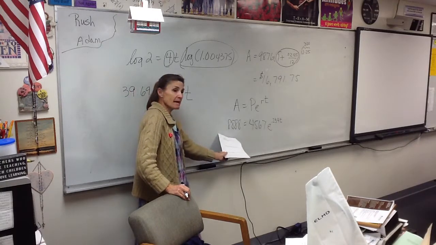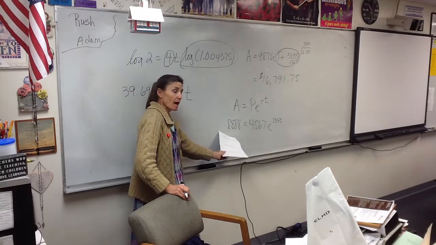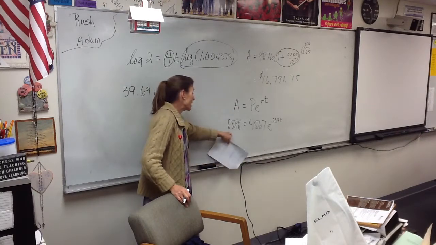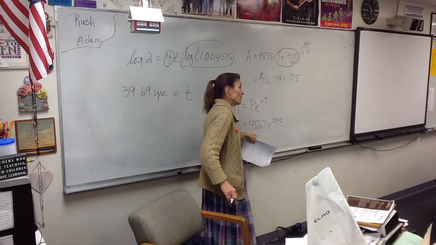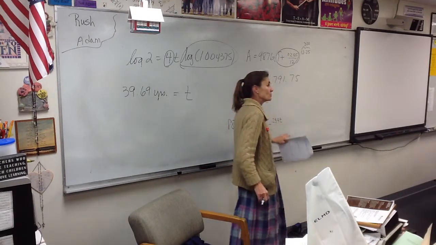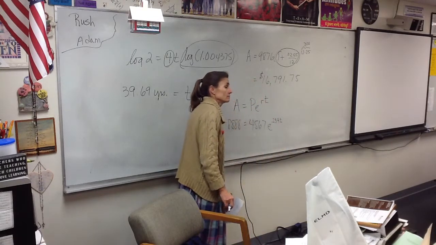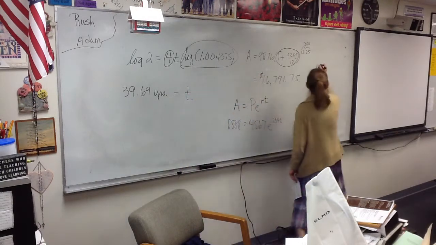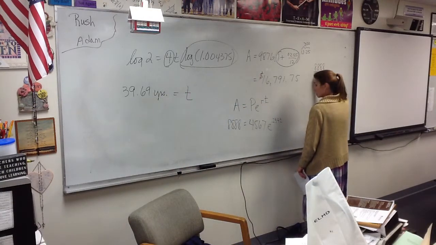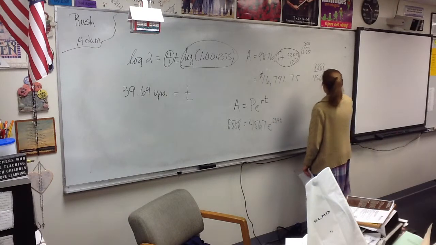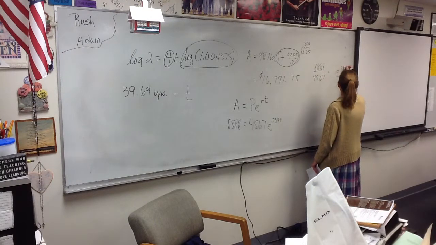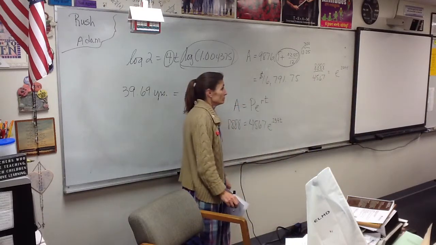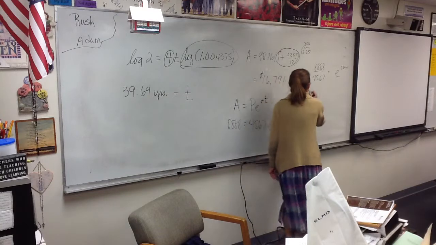Take a look at my setup. Obviously, you can't get the right answer if you don't set it up right. I'm ending with 8888, starting with 4567. My growth constant is 0.234. Step 1, divide. ln both sides, very good.